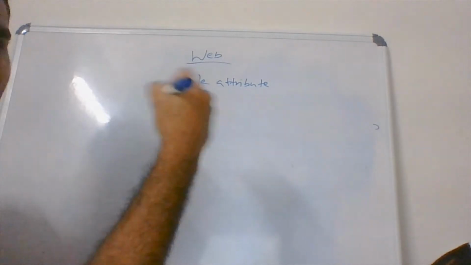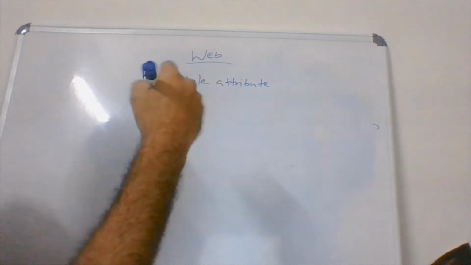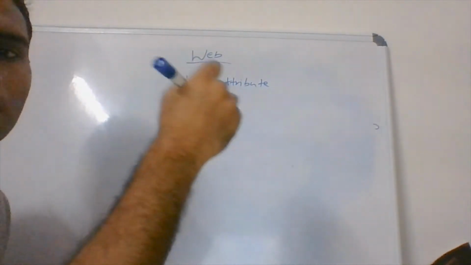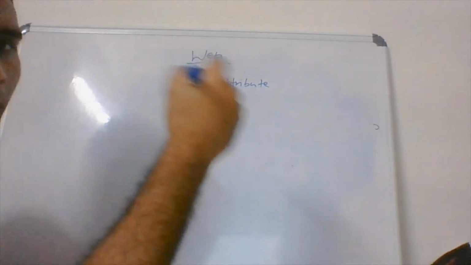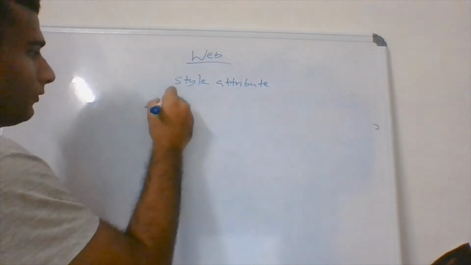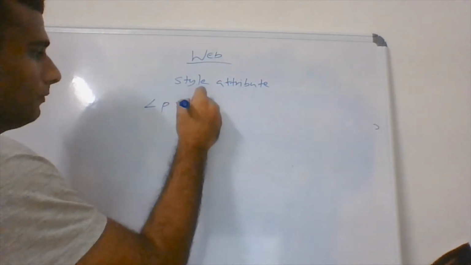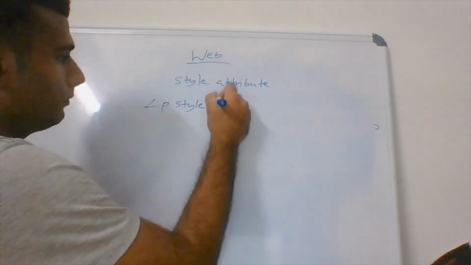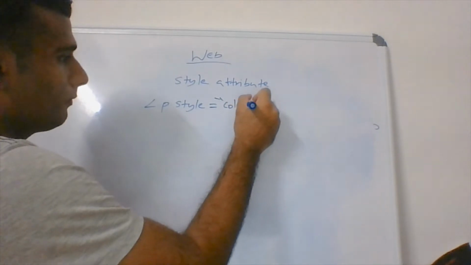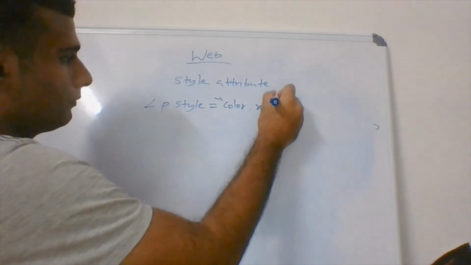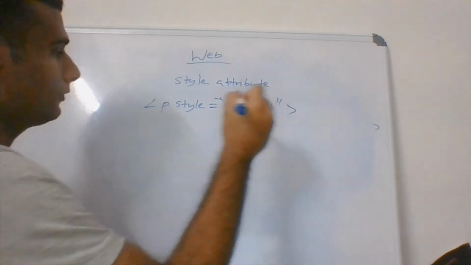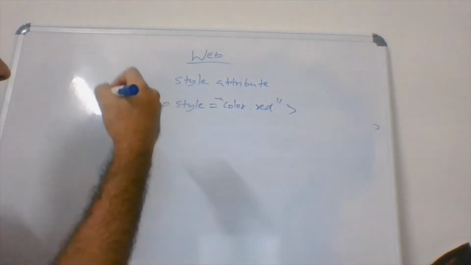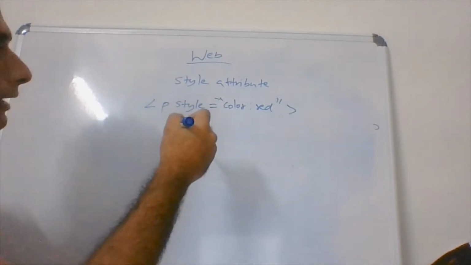The next attribute is style attribute. The style attribute is used to add styles to an element such as color, font, size and more. For example, we can use the style attribute in this paragraph.